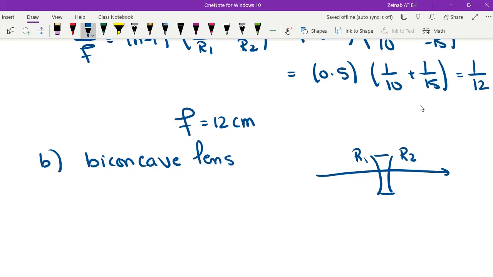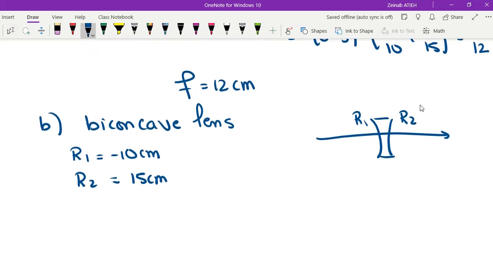In this case, R1 is negative. So R1 is minus 10 centimeter, and R2 is equal to 15 centimeter. So in this case R1 is negative, R2 is positive, as you can see. I will substitute in the lens maker's formula. So we will get 1 over f equals n minus 1 times 1 over R1 minus 1 over R2.